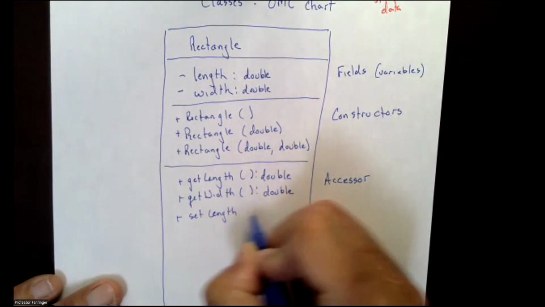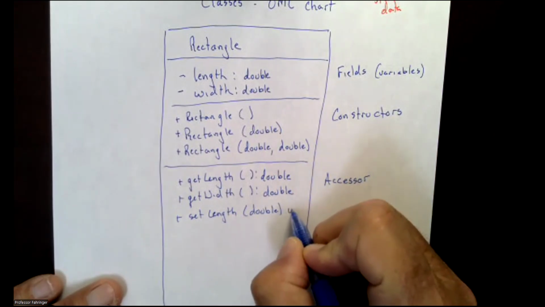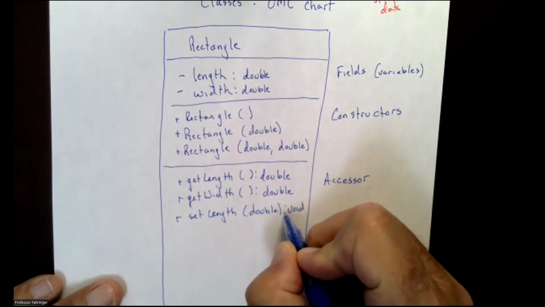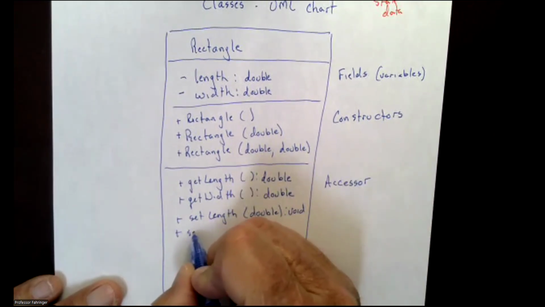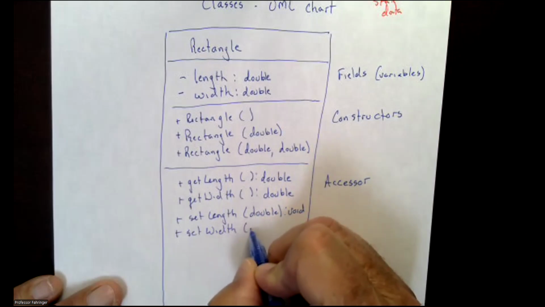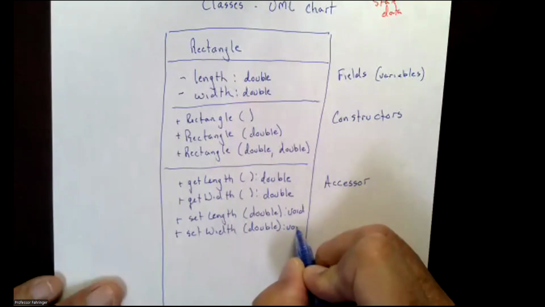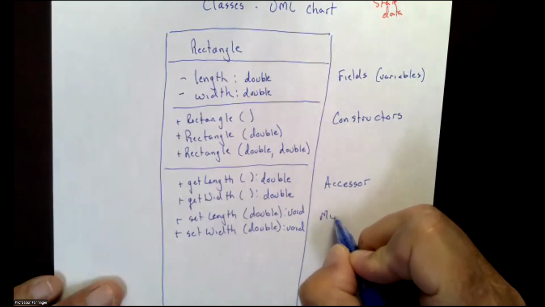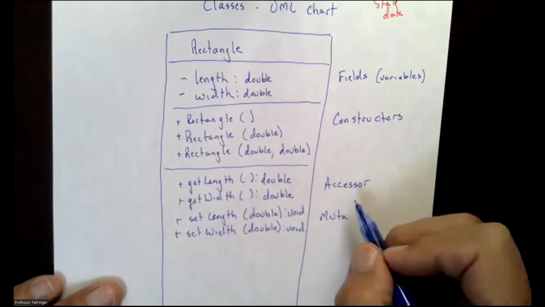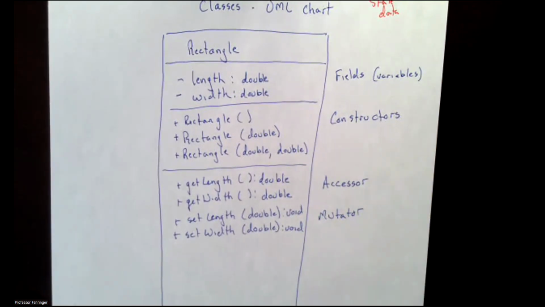This time set length, I was passing a double in and nothing was coming out. I was setting the width. Nothing was coming out. These were my mutator methods. Well, and they're going to call a function now. My accessor and my mutators.